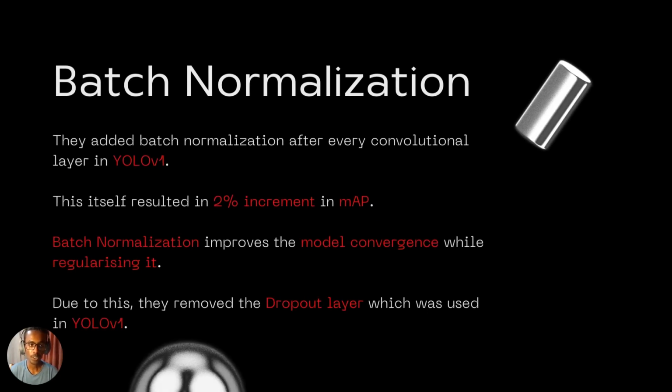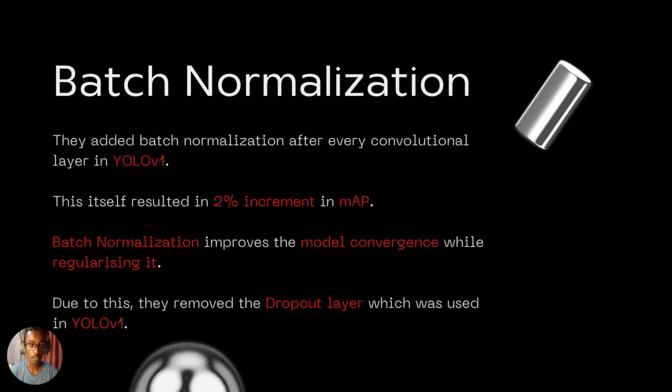The first thing that was introduced in YOLO v2 that wasn't included in YOLO v1 was batch normalization. As you know, in deep learning, batch normalization was invented after YOLO v1. So when the authors wrote the YOLO v1 paper, batch normalization wasn't invented, and they just used a dropout layer instead.